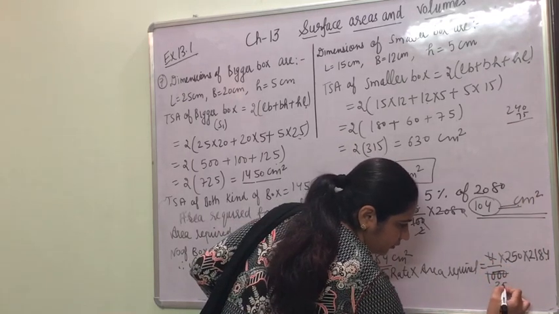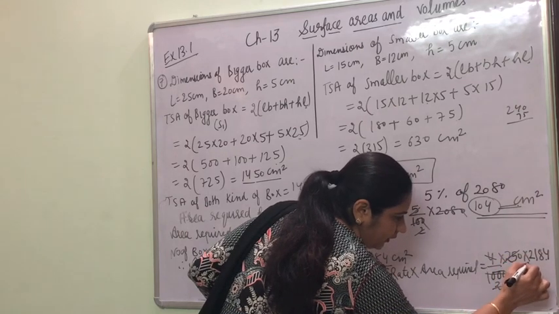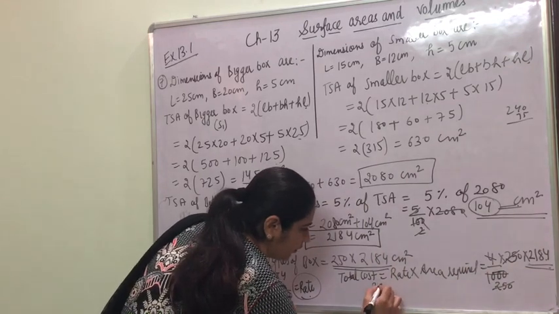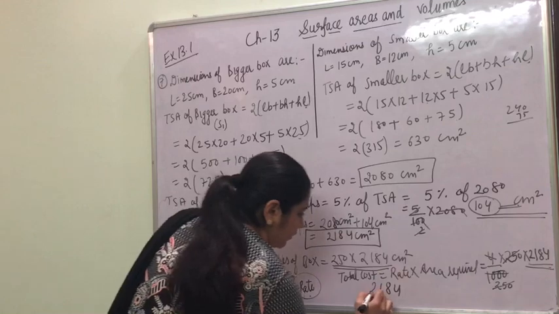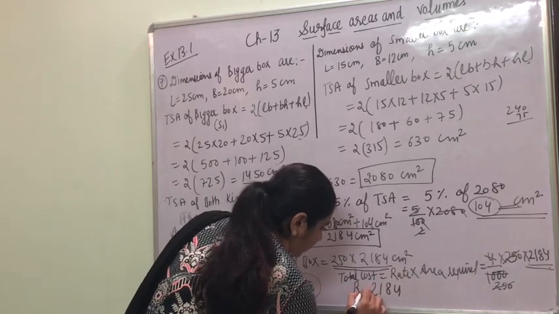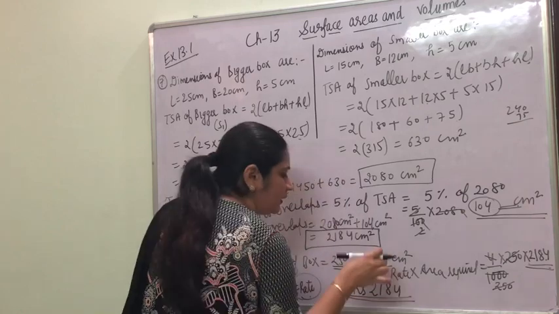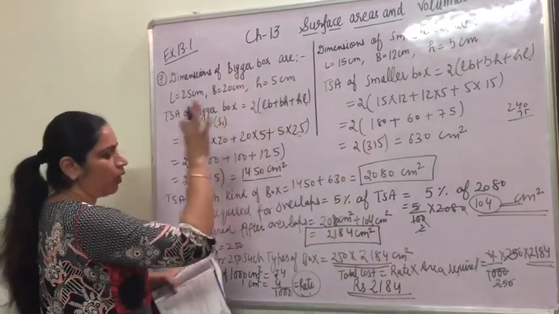It will give us 250. 250 and 250 will be cancelled. So the final answer is 2184 rupees, the total cost. This is the total cost for making both types of boxes.